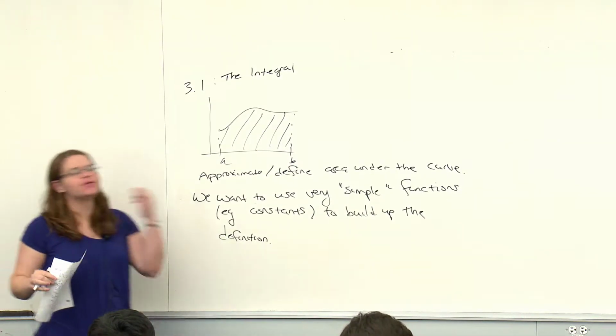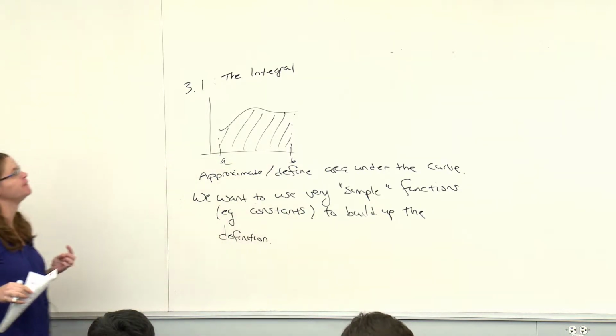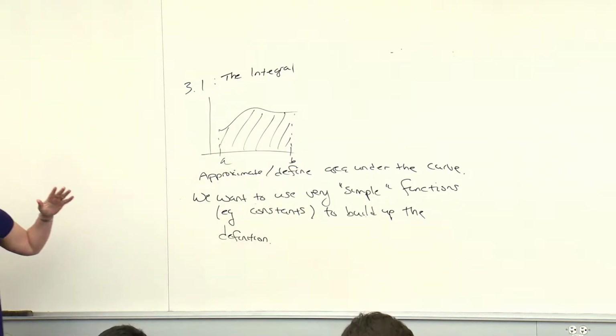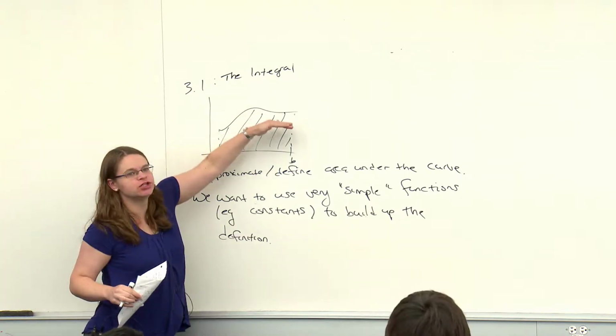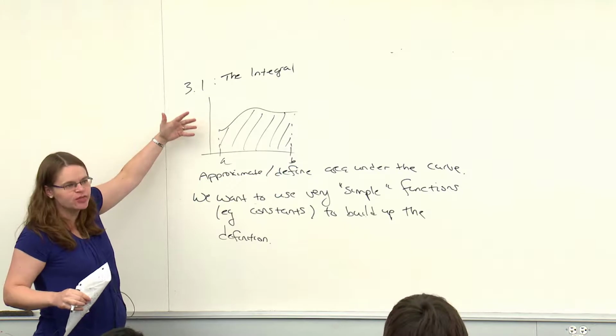Constant functions are easy, then we just find the area of a rectangle. Now, one constant function is not going to do it, right? Because one constant function is not going to capture all the behavior of this thing.